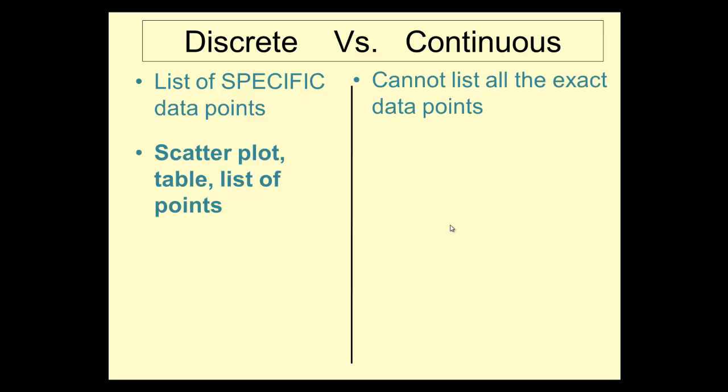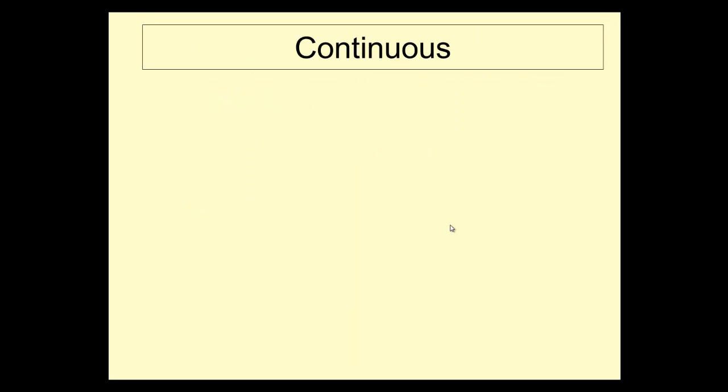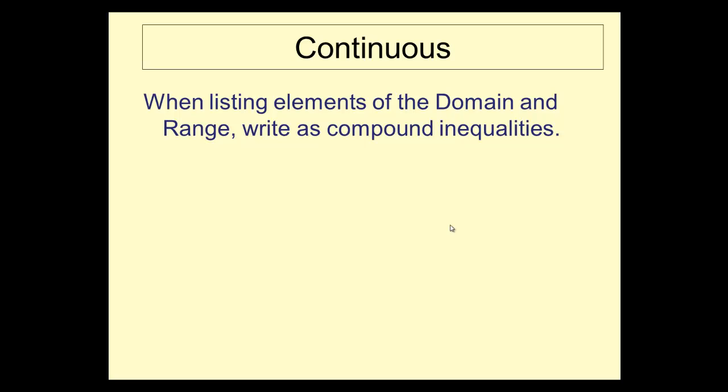Continuous data is when there are so many points that we cannot list all of the exact points. For example, a continuous line that doesn't break. Okay, and now we'll look a little bit more in depth at continuous functions and how we write the domain and range of continuous functions.